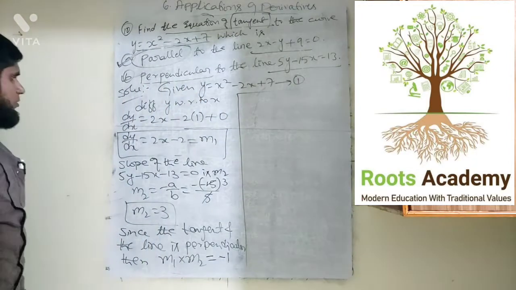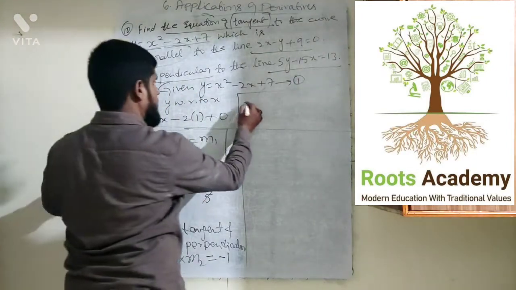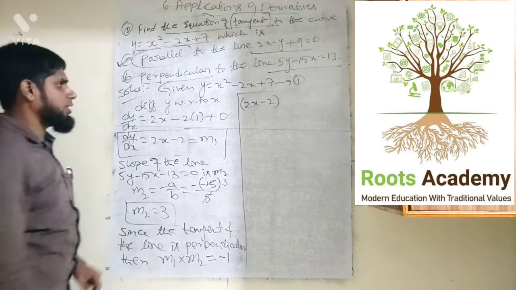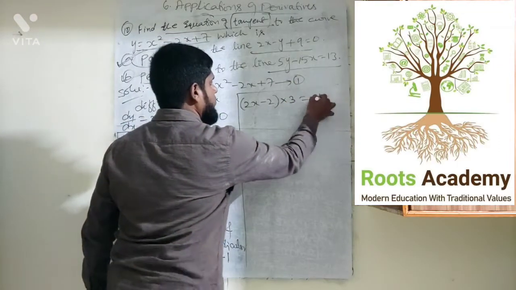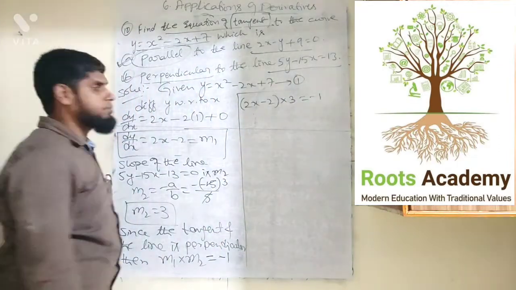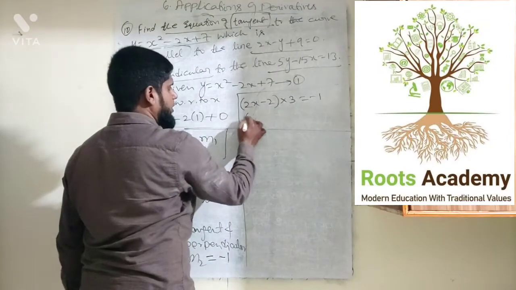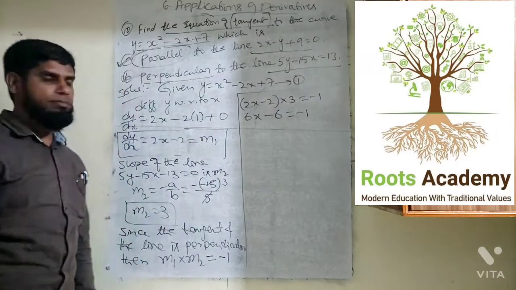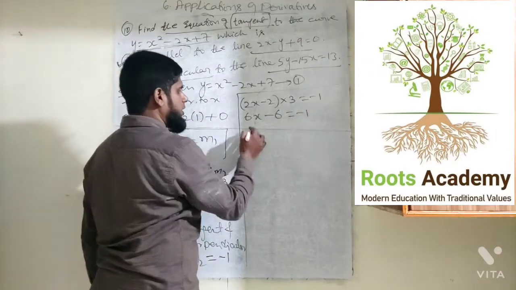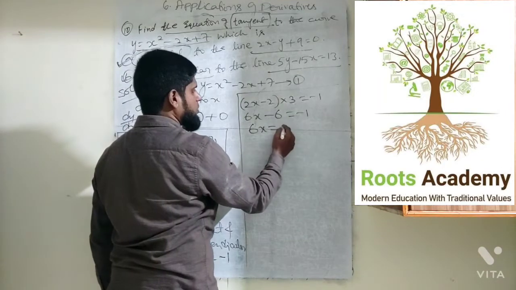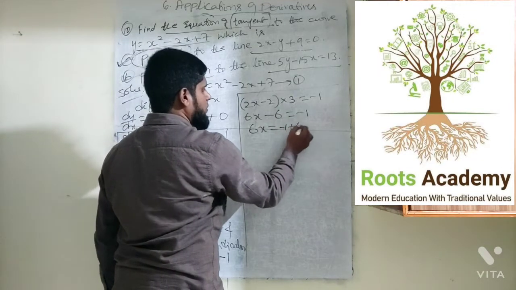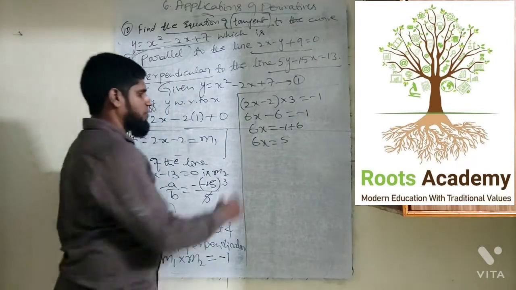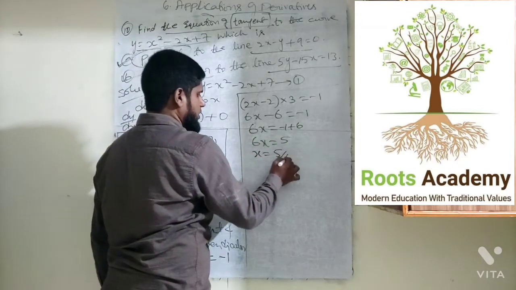What is m1? 2x minus 2. m2 is 3, equal to minus 1. 3 into 2x is 6x, minus 6 is equal to minus 1. Shift minus 6 to the other side. I will get 6x is equal to minus 1 plus 6. 6x is equal to 5. Finally, x is equal to 5 by 6.